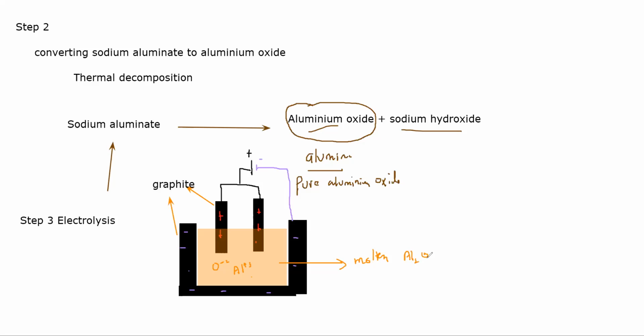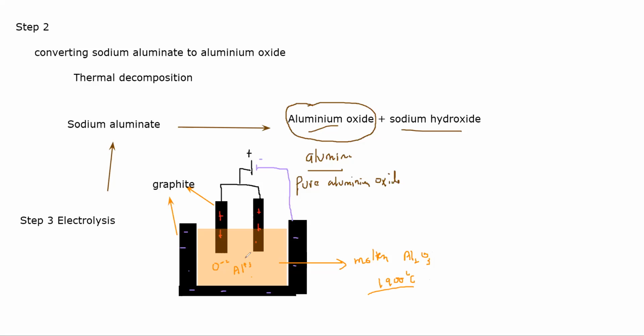To melt this, we need about 1900 degrees centigrade approximately. So we have to maintain this high temperature to melt the aluminum oxide.